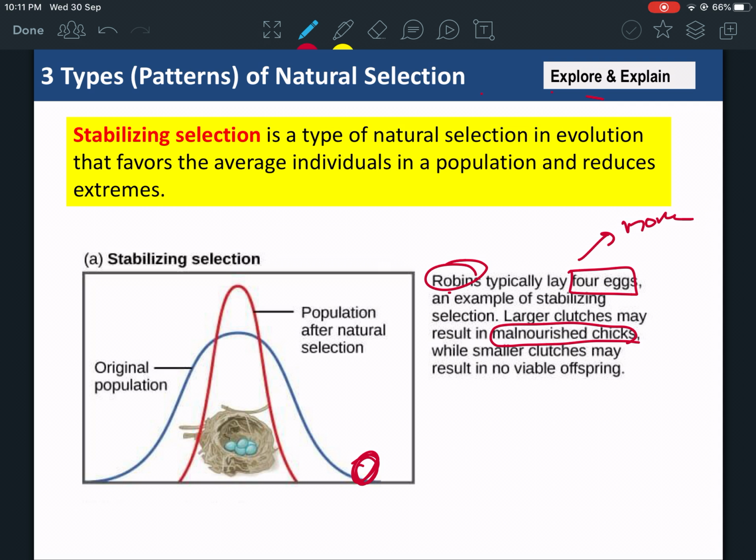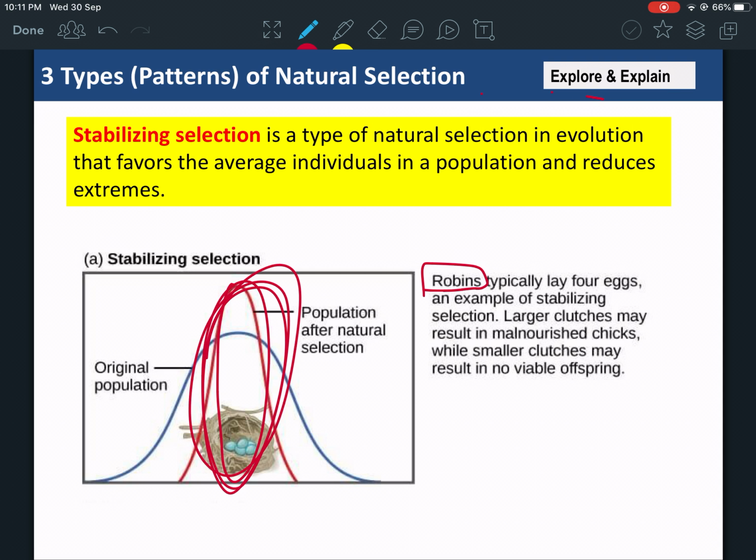If it lays less than 4 eggs, they will not be viable. That means they will not be alive. So with time, robins' bodies became adjusted to laying 4 eggs, which is the average number of eggs.